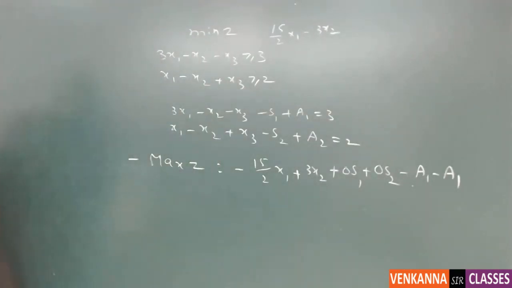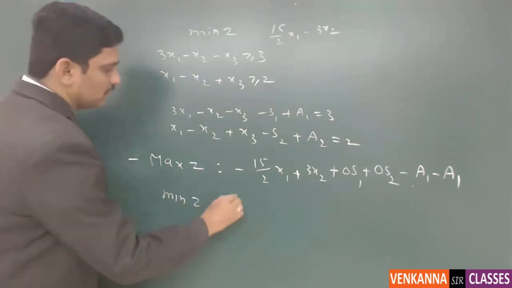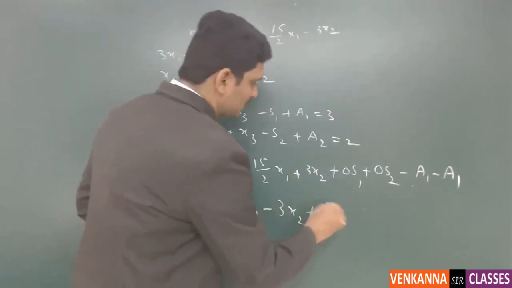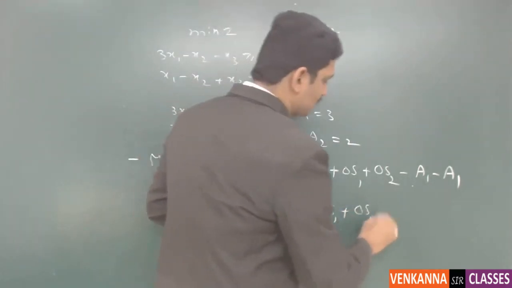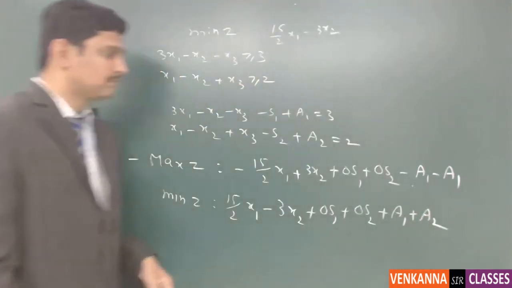Now see the difference, how I have written the objective function. If you write the regular canonical form, the objective function will look like minimum z equals 15 by 2 x1 minus 3x2 plus 0 s1 plus 0 s2 plus a1 plus a2. Accepted?